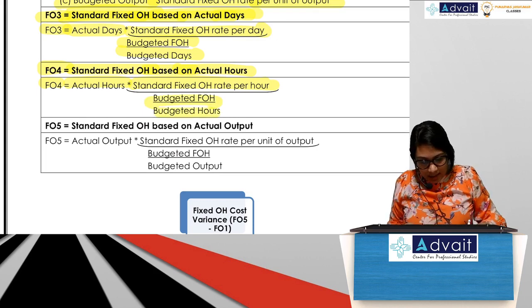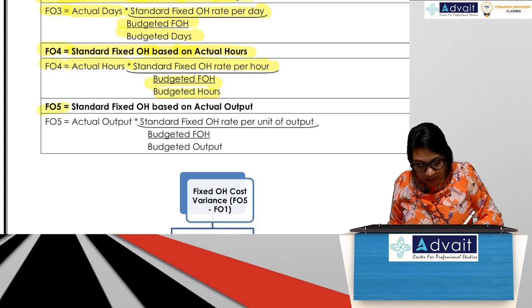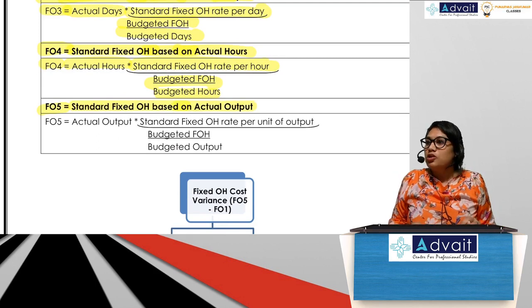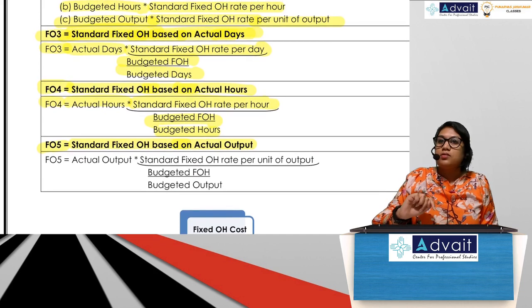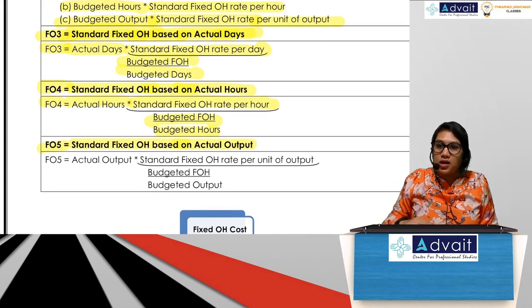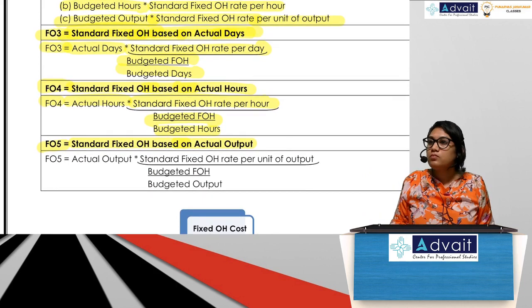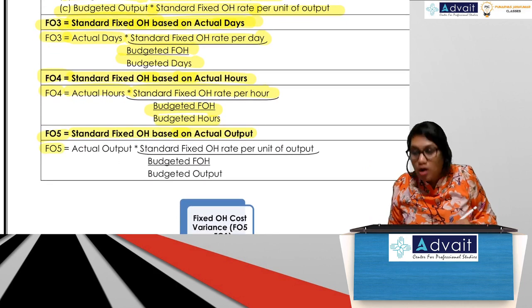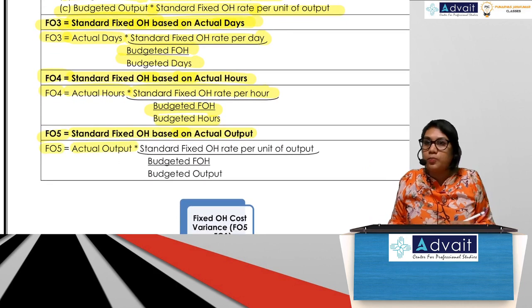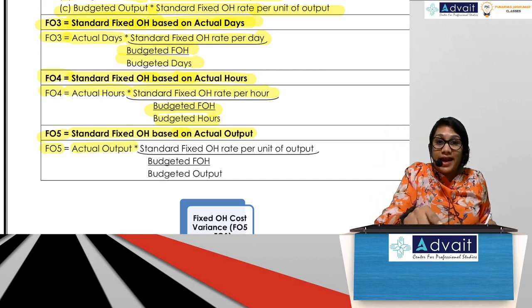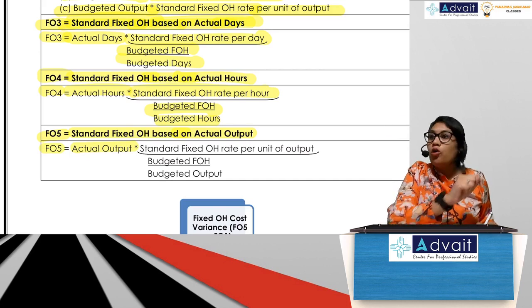Yes. Last one. FO5. Standard fixed overhead rate based on actual output. So FO3 was days. FO4 was hours. FO5 is output. So FO5 is actual output into standard fixed overhead rate per unit of output.